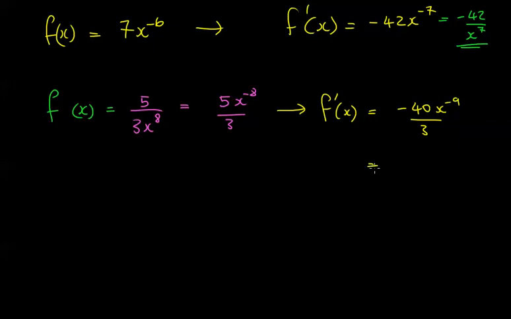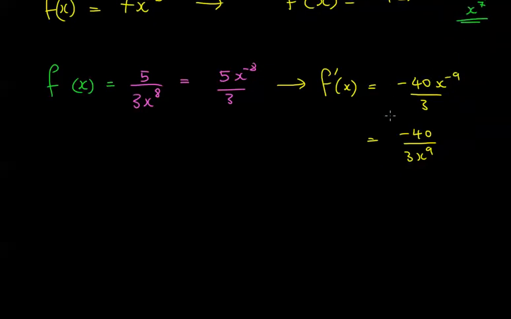Therefore, you can rewrite that as minus 40 over 3x to the power 9, putting the x back on the bottom because it's got a negative power on it. So that's how you deal with these fractional bits. You can just rewrite it as a negative power and then follow the same steps. Let's look at some funnier ones like this.